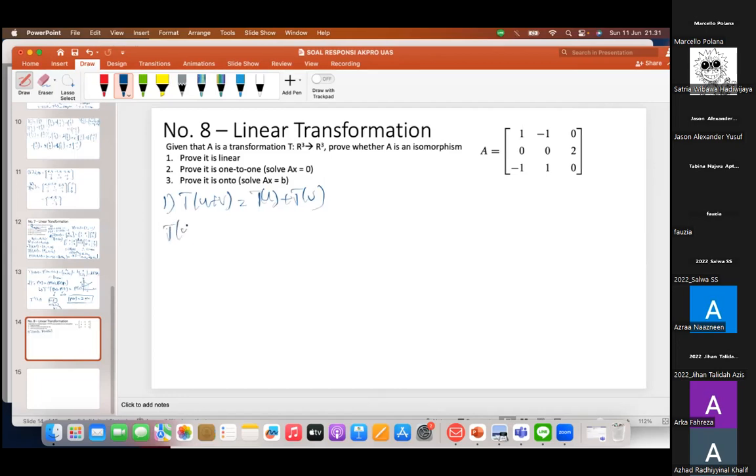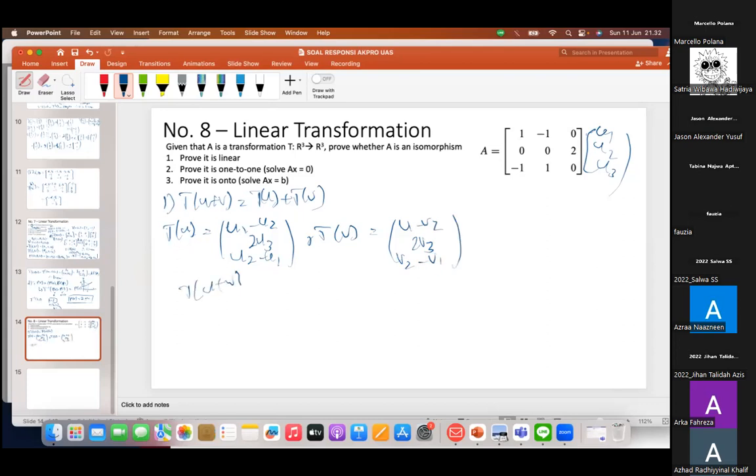So T of U is (U1 minus U2, 2U3, U2 minus U1), times U1, U2, U3. T of V is (V1 minus V2, 2V3, and V2 minus V1).